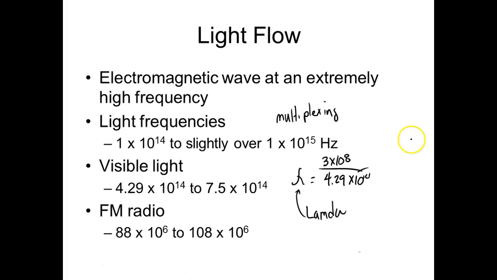It's kind of weird. You see how it looks? Kind of looks like a weird L. This is to the 14th. This is 3 times 10 to the 8. This is 4.29. What this does is give us the wavelength in meters, right? You understand?